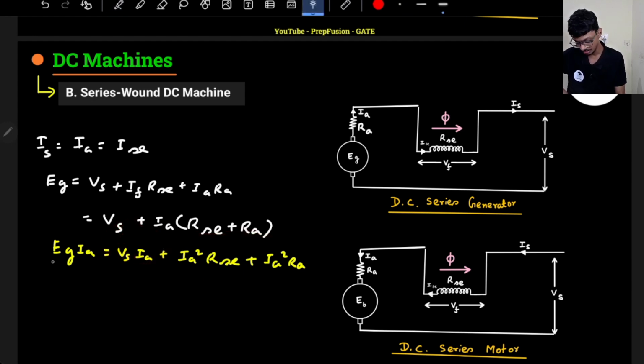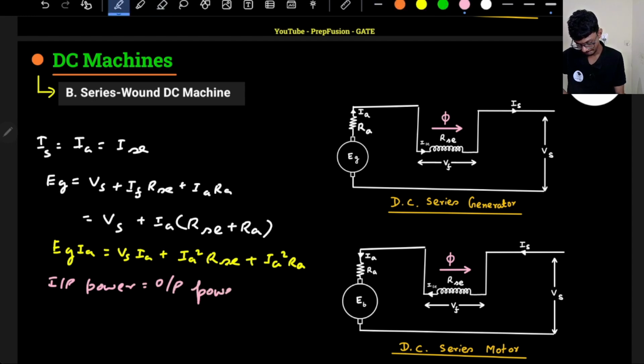So again the same thing, my input power will be equal to output power plus the losses, all the copper losses, the field winding copper loss and the armature winding copper loss.